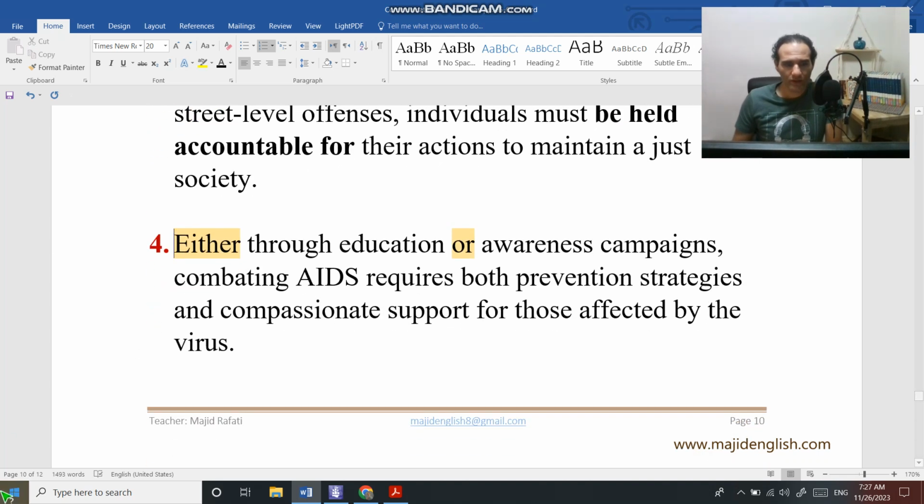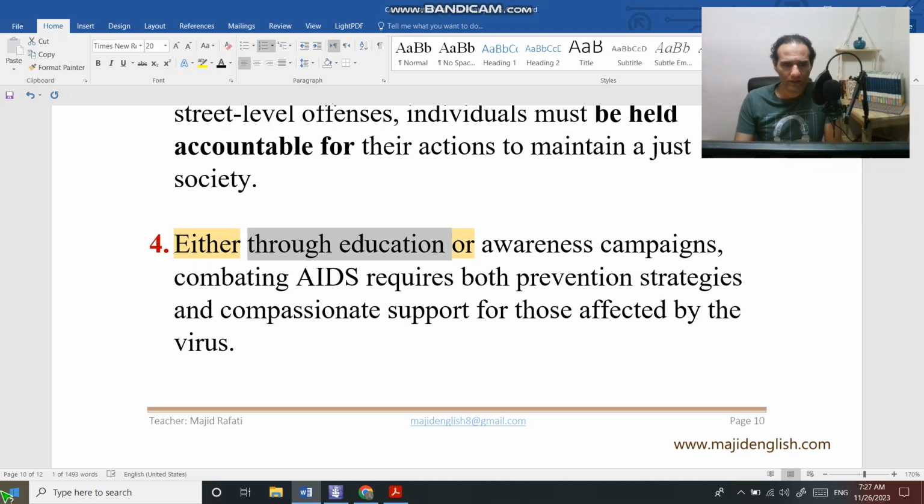Number 4, either through education or awareness campaigns, combating AIDS requires both prevention strategies and compassionate support for those affected by the virus. What a beautiful sentence.